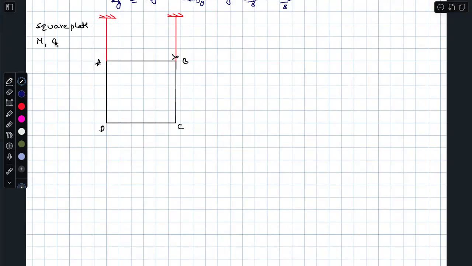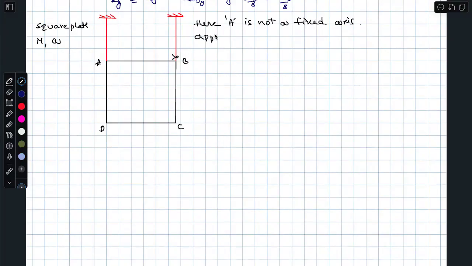mass M, dimension A. Now tell me, is A a fixed axis here? See here, A is not a fixed axis. So now tell me about which point it is preferred to apply the torque.